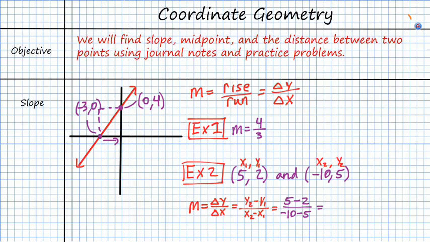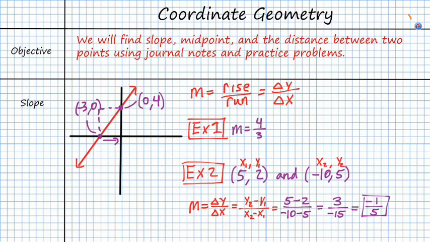And so then we'll get positive 3 over negative 10 minus 5, which is negative 15. And then we can reduce this. So 3 and 15 are divisible, so 15 will be divided by 3. And we can say that this is equal to negative 1 over 5. So the slope between these 2 points will be negative 1 over 5.